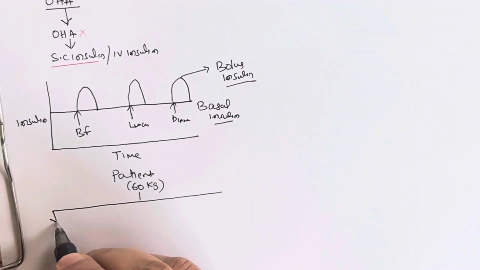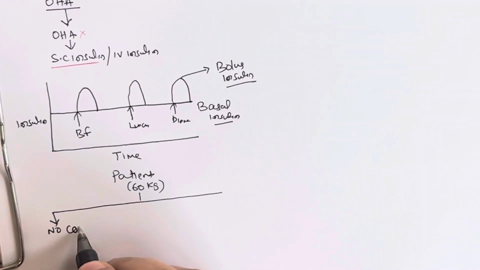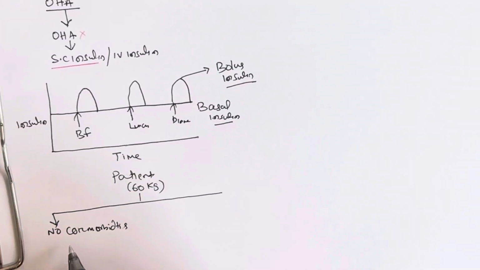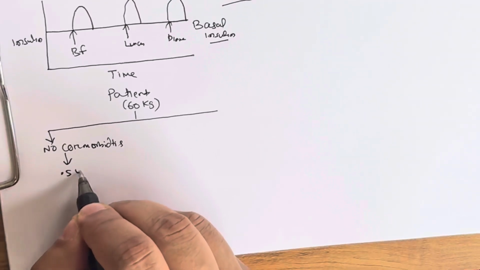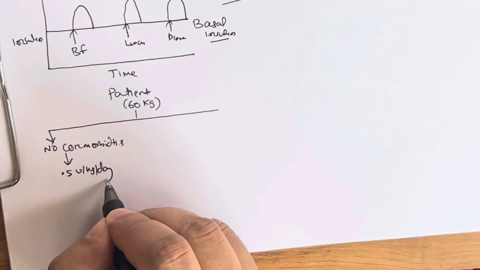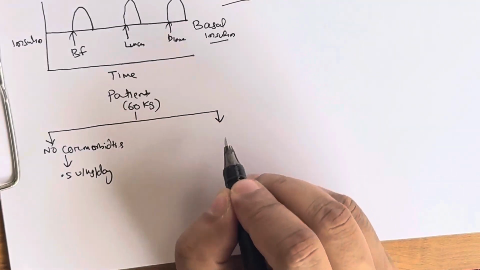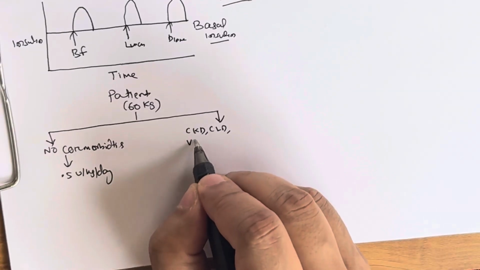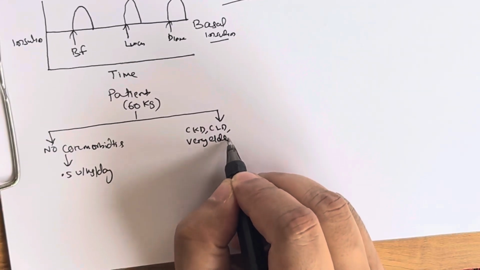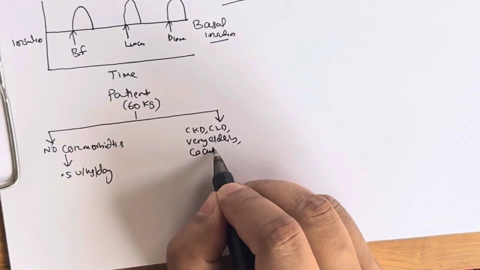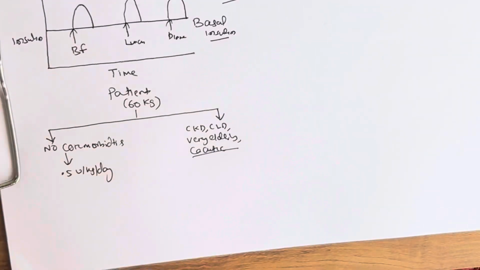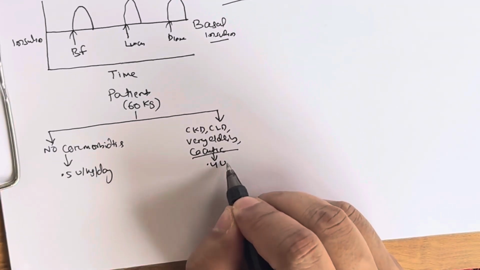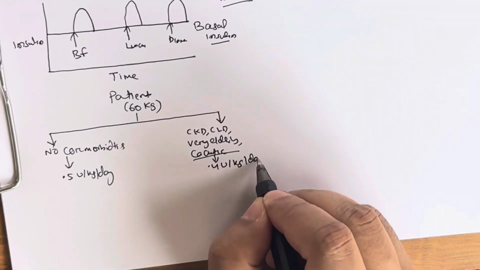Patients who have comorbidities like CKD, CLD, very elderly or cachectic patients, you take a little lower dose of insulin, that is 0.4 unit per kg per day.